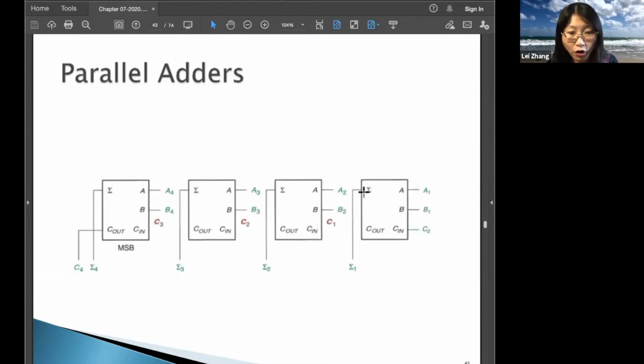So A4, A3, A2, A1, that's a 4-bit input, and B4, B3, B2, B1, that's the other value B, another 4-bit input. Also, the output for the sum is 4-bit. So if it's a 32-bit value plus a 32-bit value, we also have a 32-bit output. So that is the sum output.